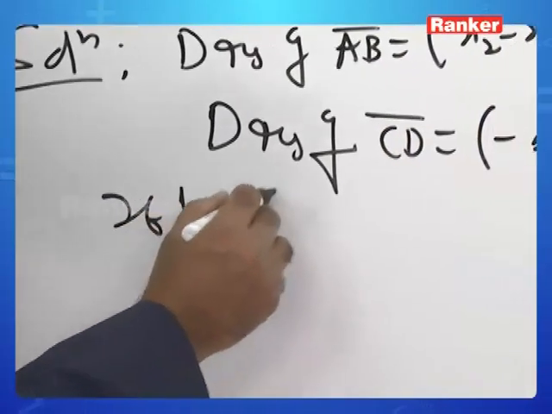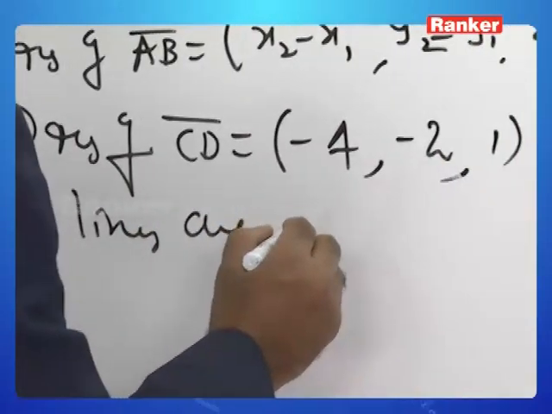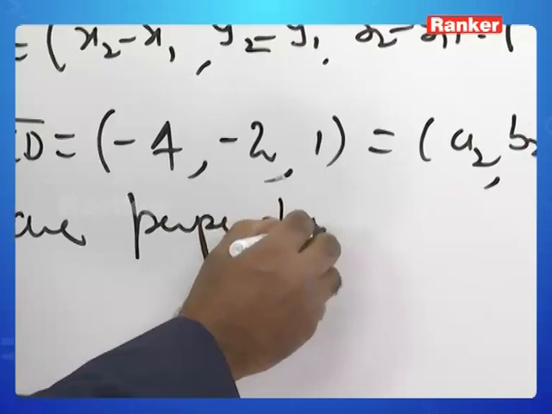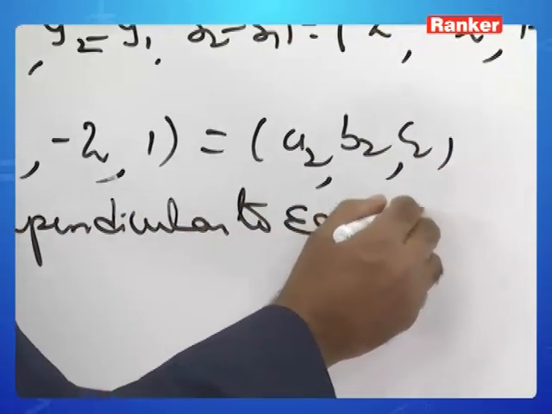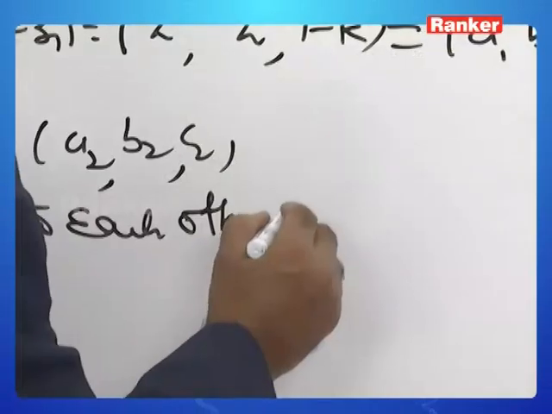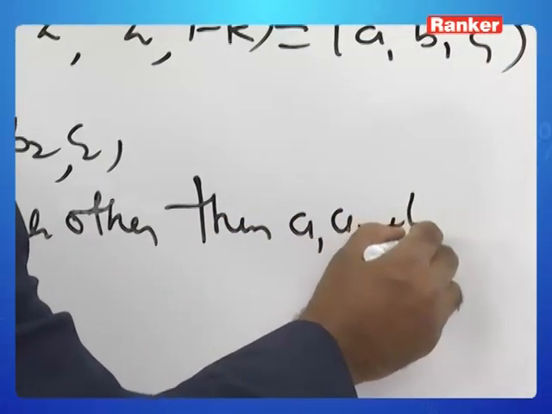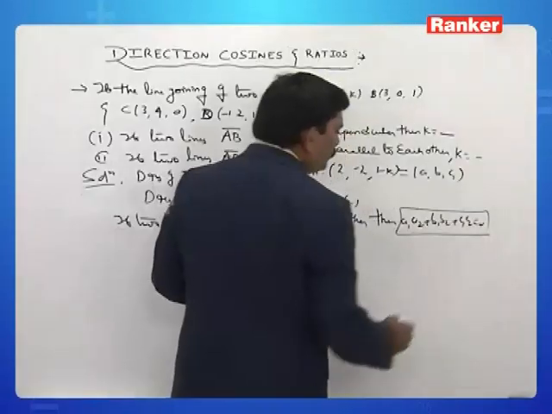Yes, if two lines are perpendicular to each other, then the condition is A1 A2 plus B1 B2 plus C1 C2 equals 0.